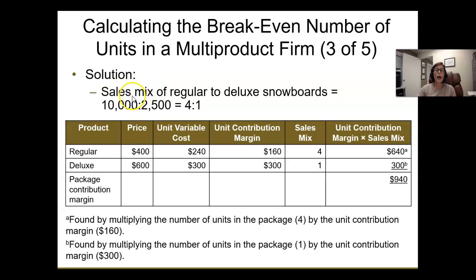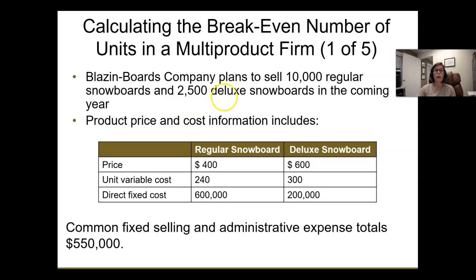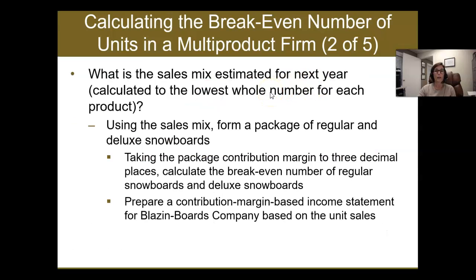So we've got our sales mix of the regular to the deluxe, 10,000 to 2,500. In other words, it's a 4-to-1. So just going back to look at our given information here, they're going to sell 10,000 regular, 2,500 deluxe, and so basically for every one deluxe, they will sell 4 of the regular.